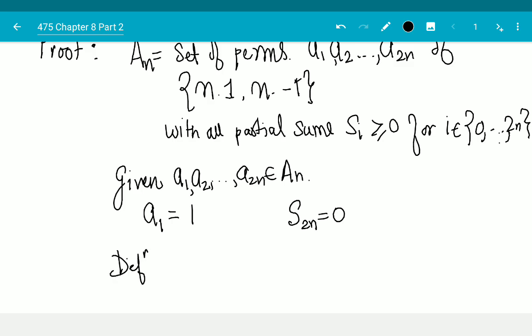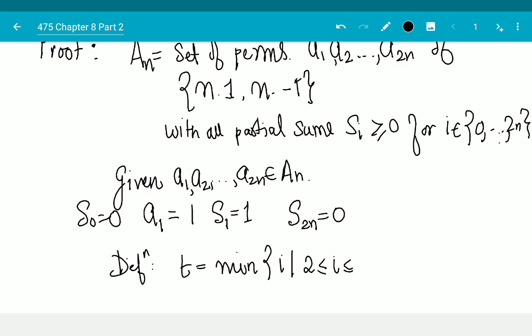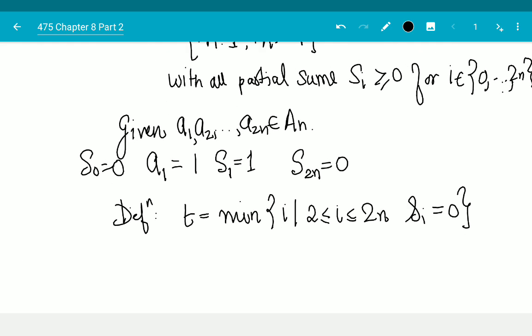Define t to be the minimum of i such that, well, a1 is 1, so s1 is equal to 1, s0 is equal to 0, such that 2 is smaller than or equal to i is smaller than or equal to n, and s of i is equal to 0. Okay, this is the first time where my sequence comes back down to 0. This is called the landing number.